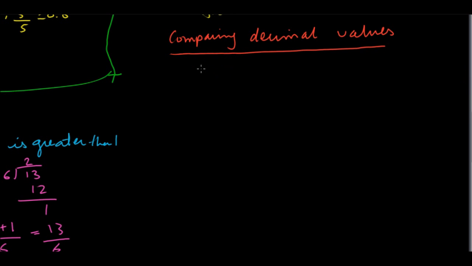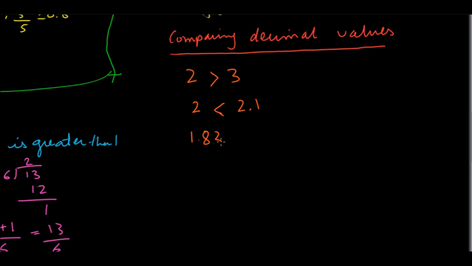Let's say you have a 2 and you have a 3, you know 2 is less than 3. Simple. Now if I compare 2 and 2.1, well, I know 0.1 is there, so basically 2.1 is greater than 2, so 2 is less than 2.1. What about numbers like these?